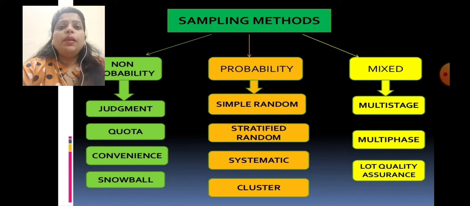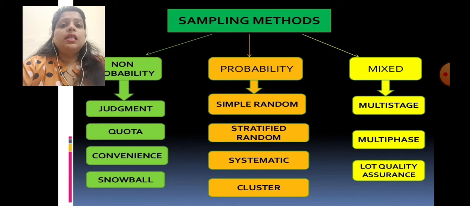In probability, it comes as simple random sampling, stratified random sampling, systematic random sampling, and cluster random sampling. From mixed: multi-stage sampling, multi-phase sampling, lot quality assurance. So these are the three types of basic sampling methods.